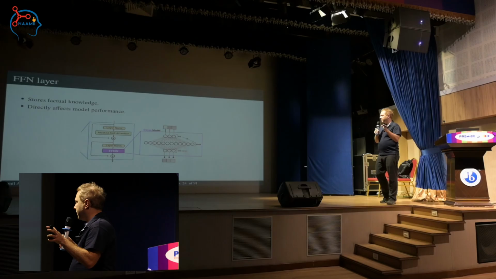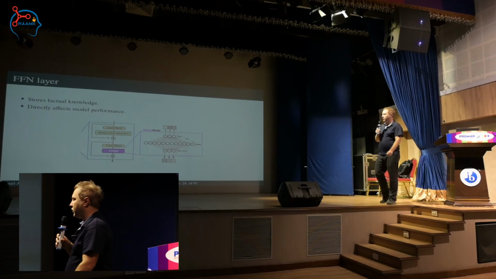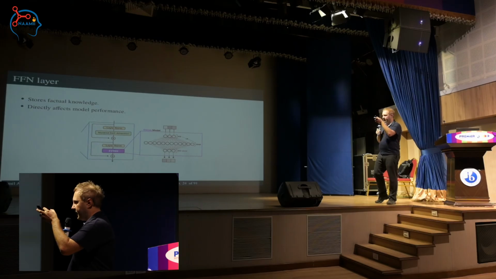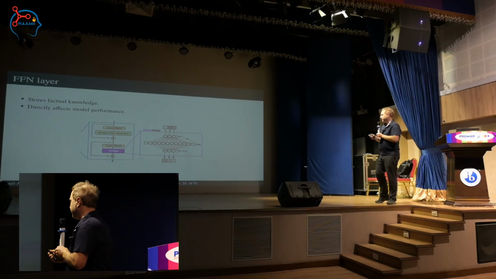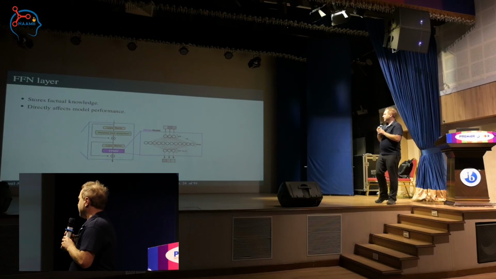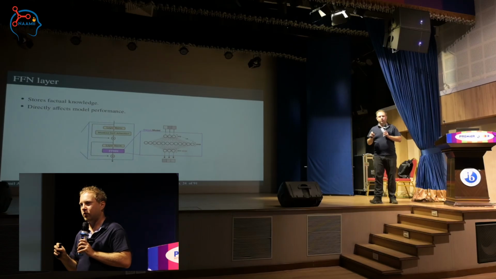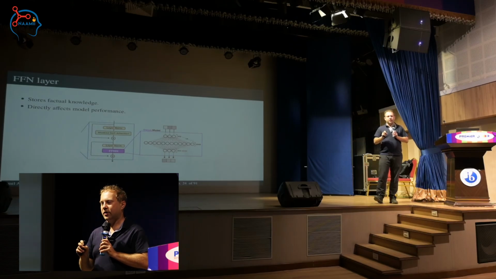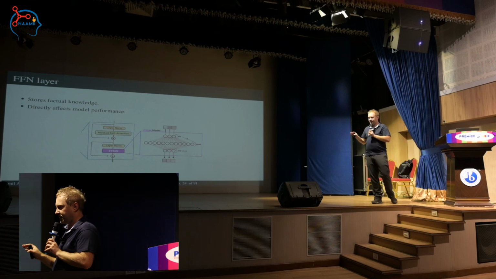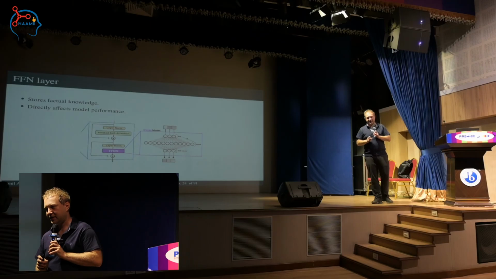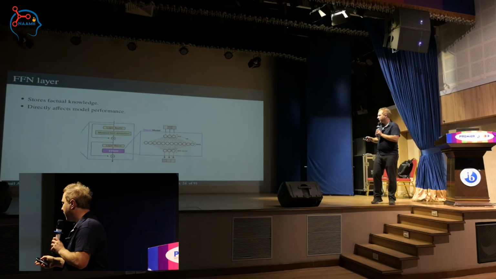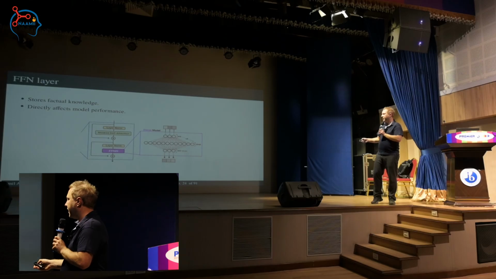It's a bit wider in the middle, and then it will converge again to the D model at the end, and then it will be passed on to the next layers. This is important when we go later to the end. We will talk about how we can divide this middle layer into some fine-grained experts. But don't worry about it right now. So this is a typical FFN layer in a transformer.